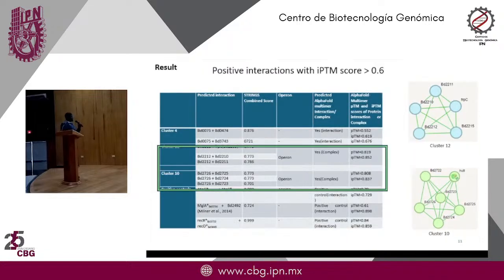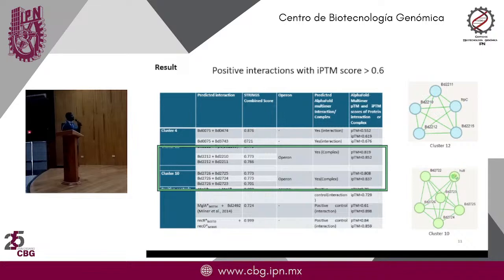So what we have here is the STRING combined score for each of the possible interactions, and here is the IPTM score for each of the possible interactions. So the positive interactions were interactions with an IPTM score of greater than 0.6. The IPTM is an interface PTM score in AlphaFold that we use to measure how confident the prediction is.